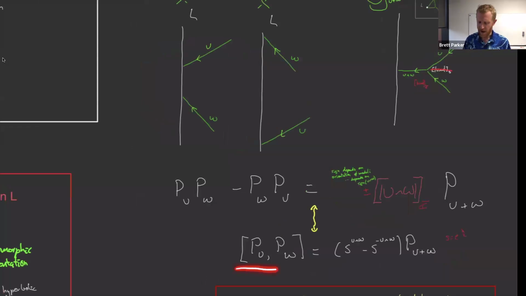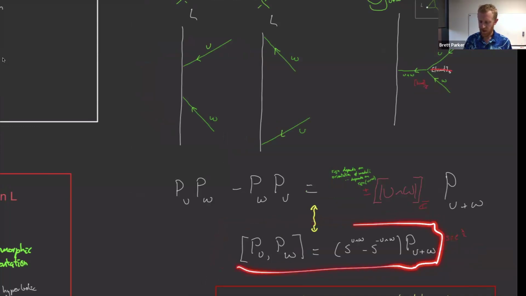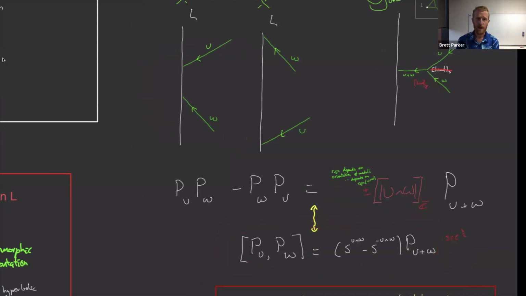And what you get is something which matches the commutation relation we expect in the Skein algebra.